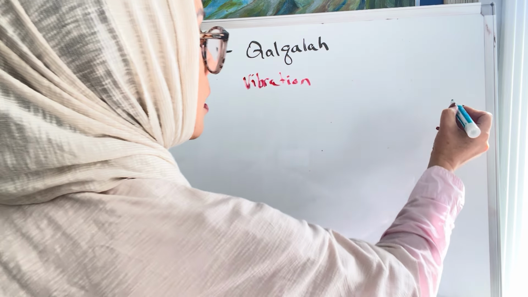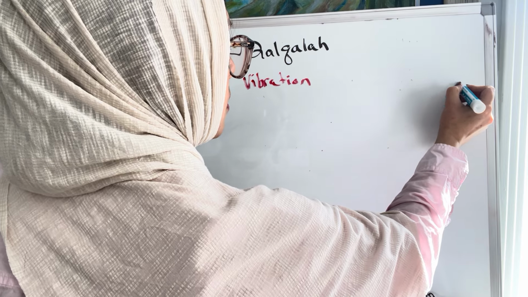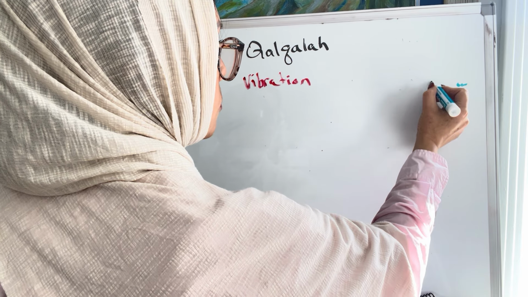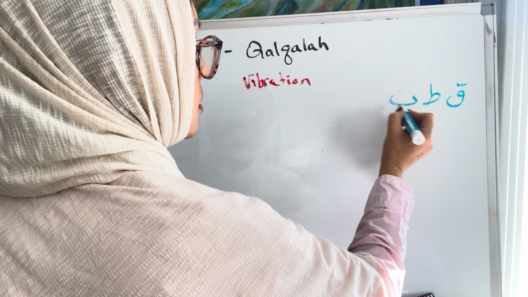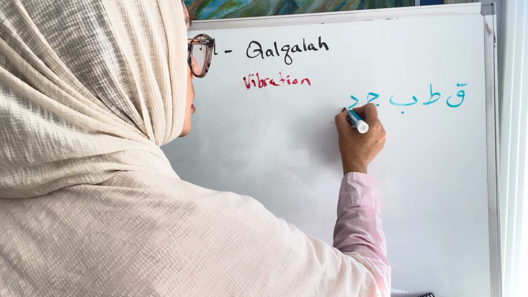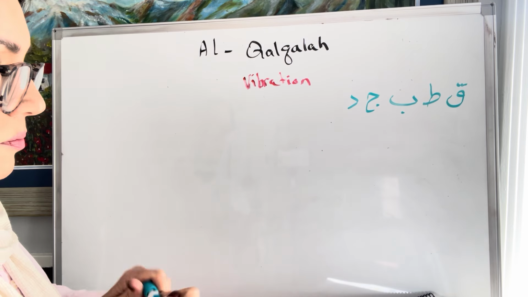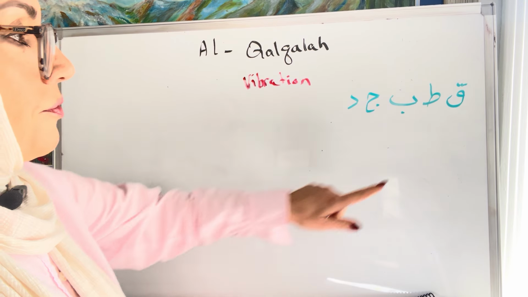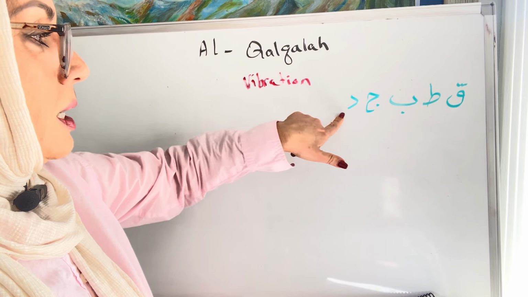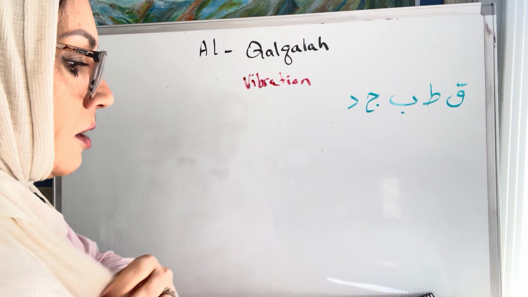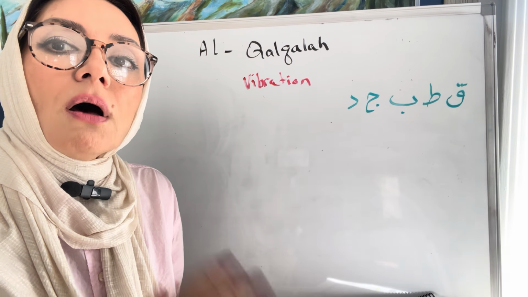So we have qaf, ta, ba, jim, and dal. These are the huruf for qalqala.